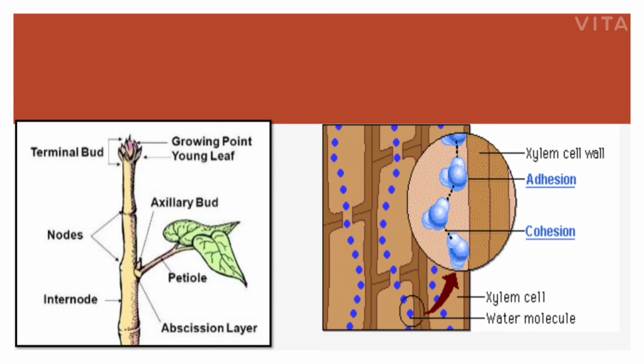Leaves arise from the nodes. There are axillary buds, the space or part between the nodes, internode, petiole and abscission layer. In the second figure, the xylem conducts water from the root to the other parts of the plant. Xylem here is Jalavahini.